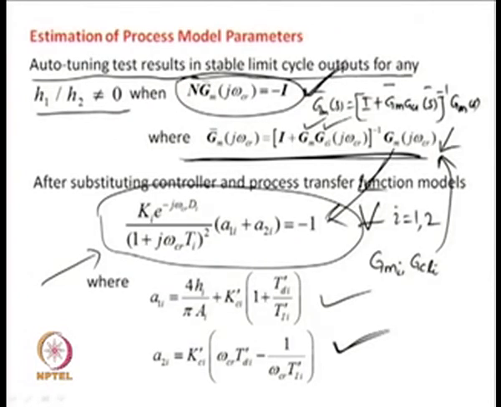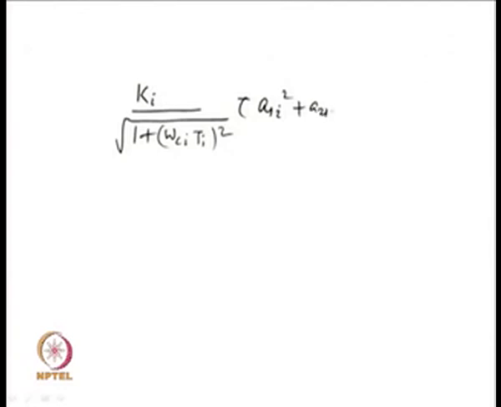Taking the magnitudes of both sides, I will get an expression of the form k_I upon the square root of 1 plus (omega c I t I) square is equal to, again since we have complex numbers, the square root of a_1I square plus a_2I square is equal to 1.